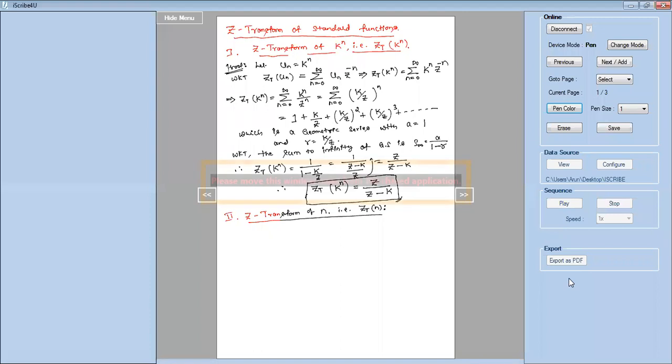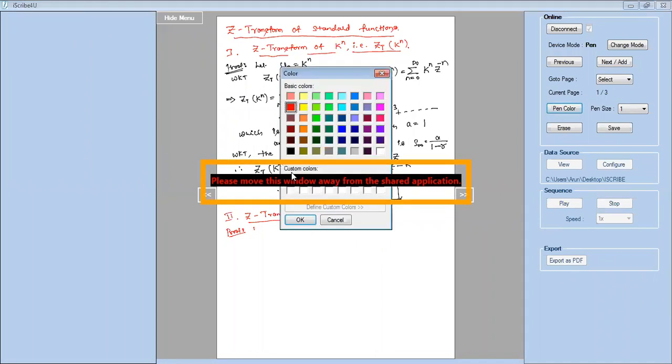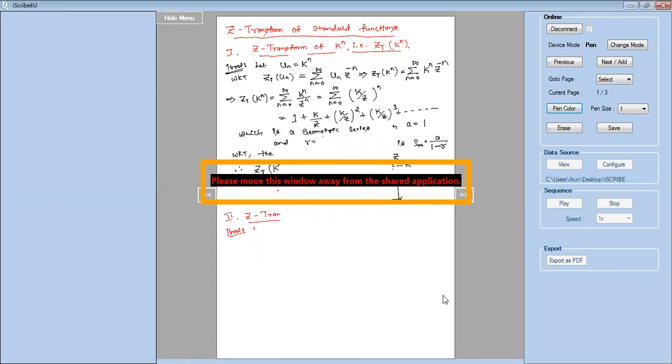Like the previous one, here also our u_n is, so let u_n equal n.